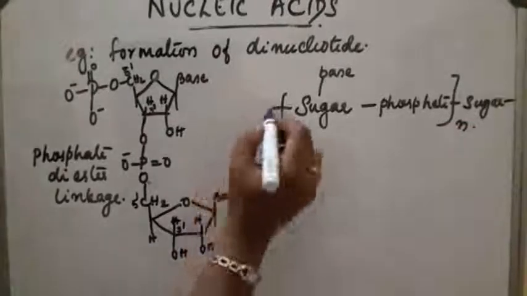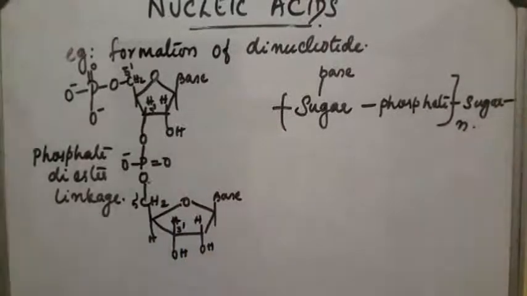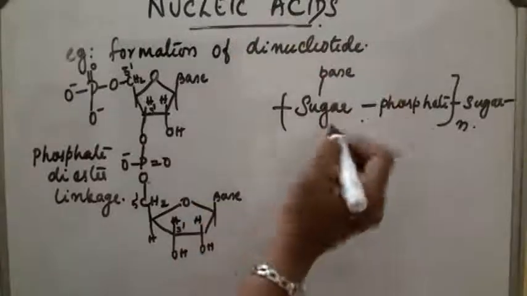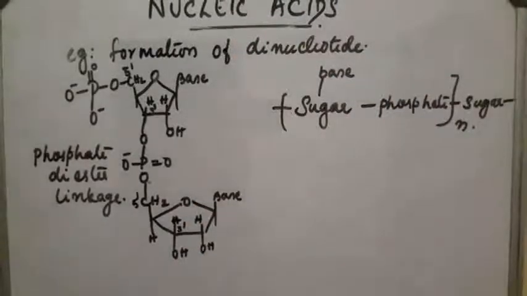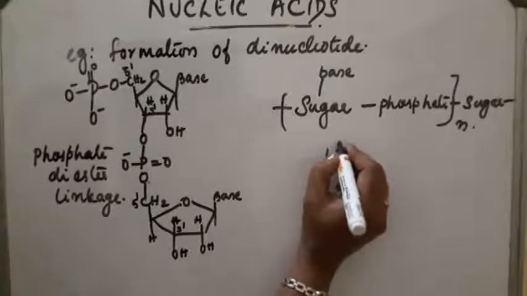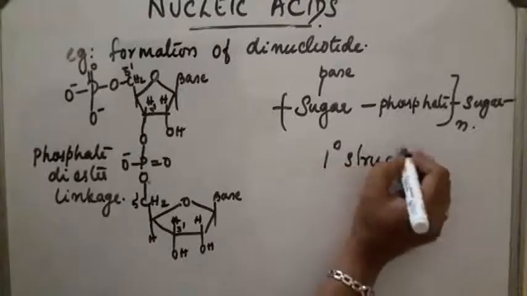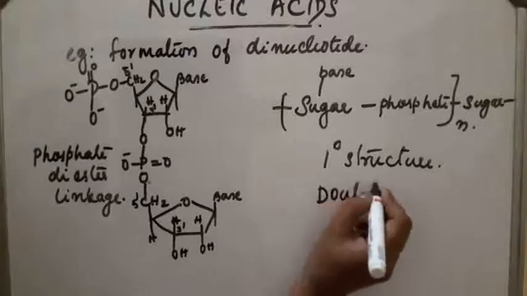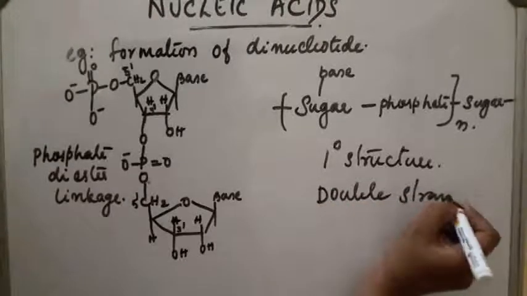A nucleic acid will be the polymer of this nucleotide. This is the simple chain. This structure is called the primary structure of nucleic acid. The secondary structure, in the case of DNA, will be a double strand structure. We will discuss it later.